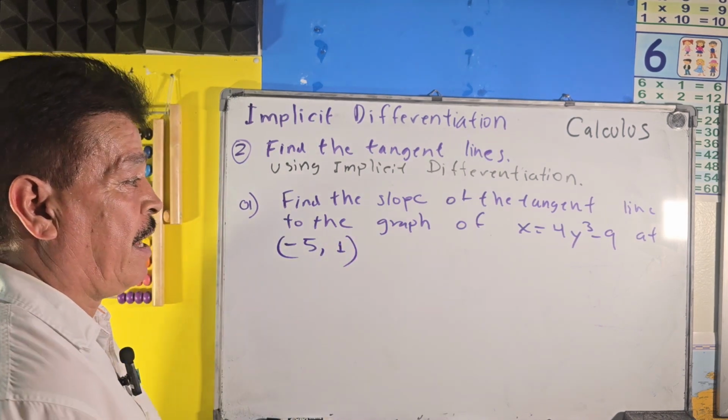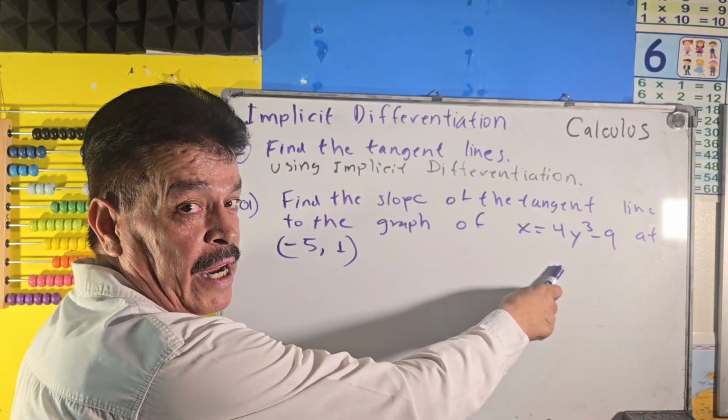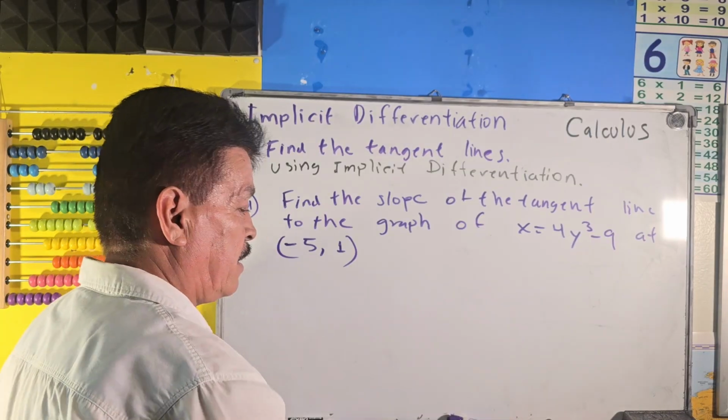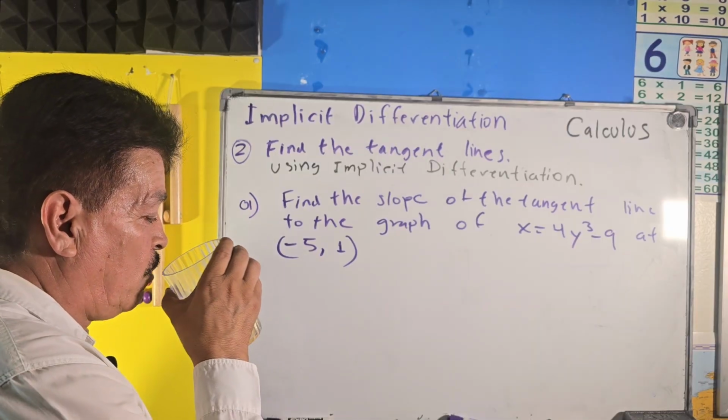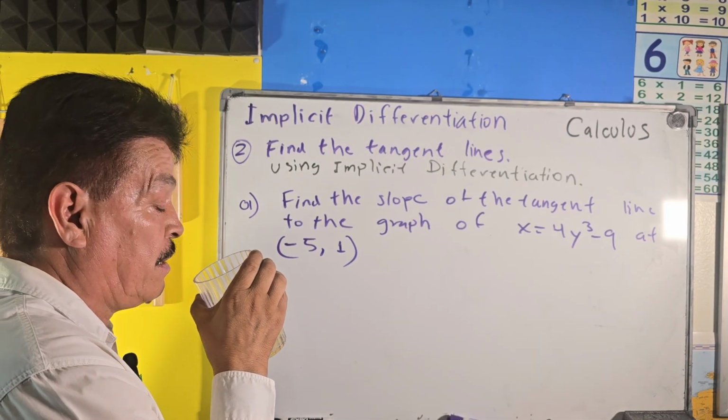All right, remember the equation is implicit. The y is not on the left side, not by itself. So y is not isolated.